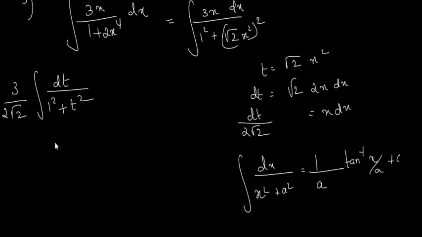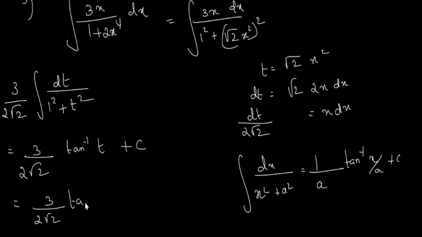So use that here. So this is 3 by 2 root 2, that is 1 by a. a is 1, the constant is 1. So tan inverse, x is t, plus c. That is 3 by 2 root 2 tan inverse t, where t is root 2 x square, plus c.